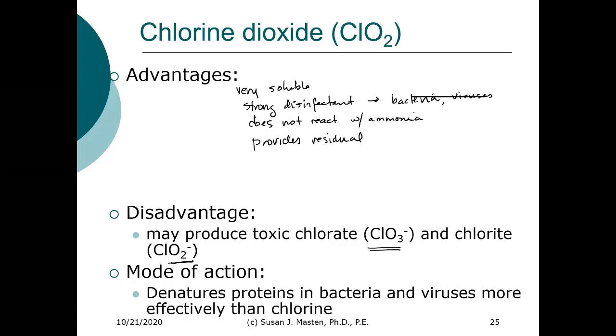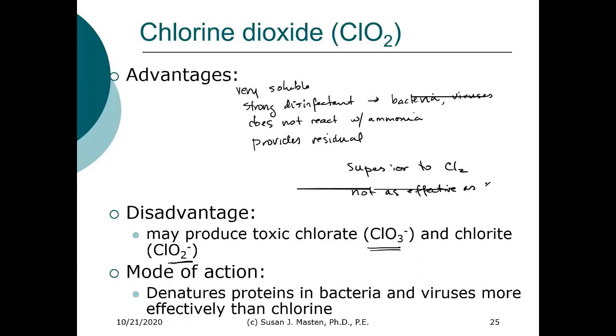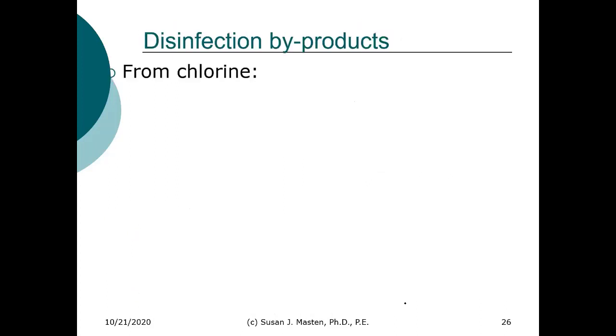So as you'll see, it's superior to chlorine in terms of its effectiveness on bacteria and viruses. It also inactivates Cryptosporidium and Giardia, but it's not as effective as ozone. And ozone is the next disinfectant we'll talk about.